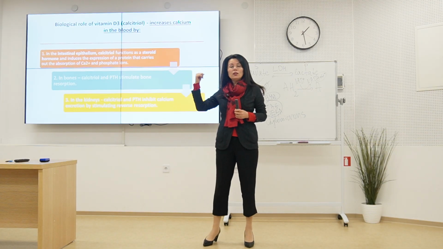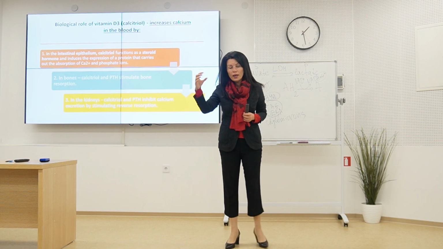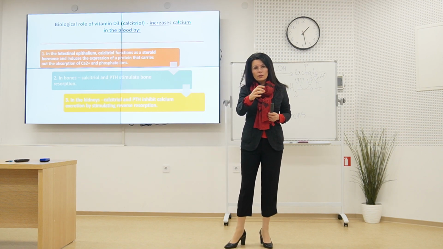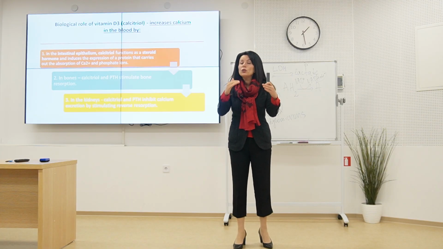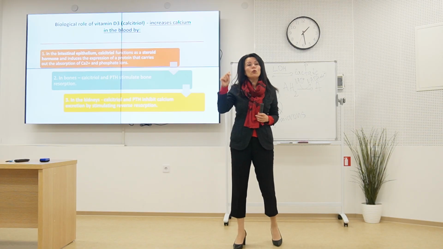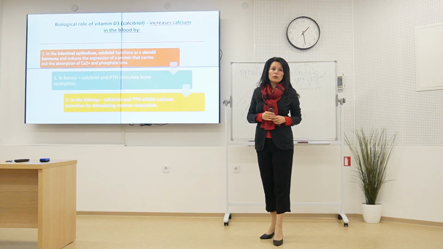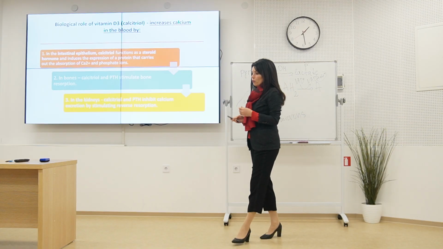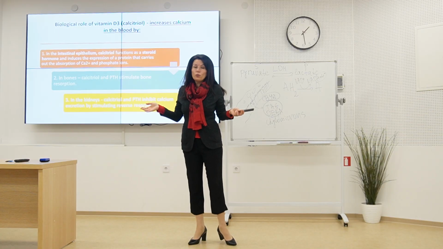Because vitamin D3 is a steroid hormone, it can enter the nucleus, can be recognized by DNA, and can induce the corresponding gene expression to activate the formation of these protein channels in the apical surface.